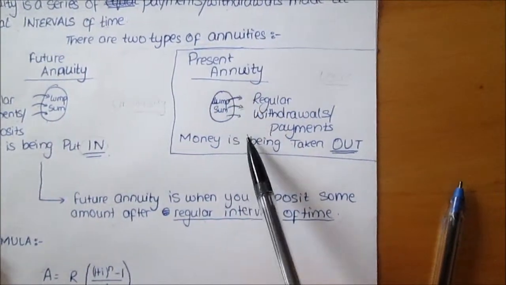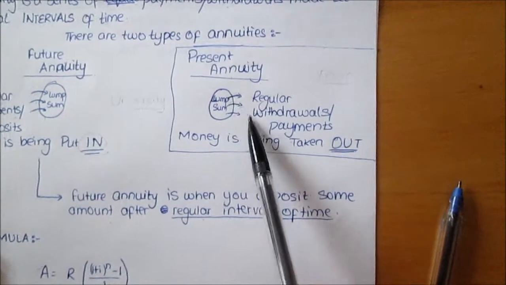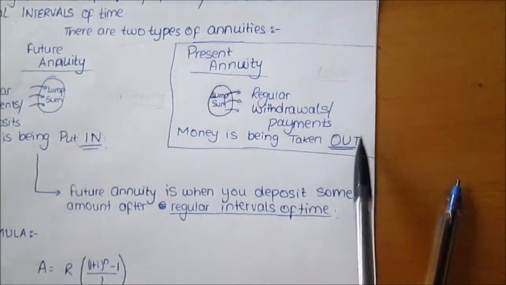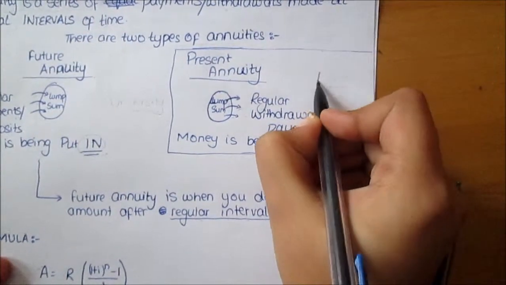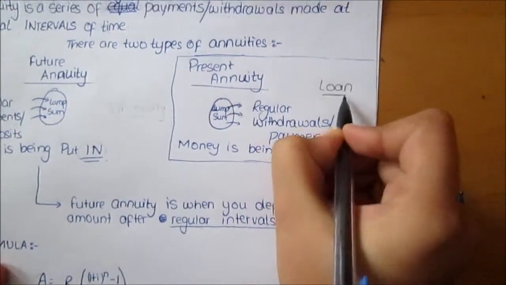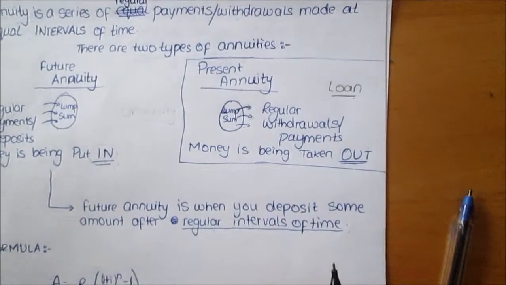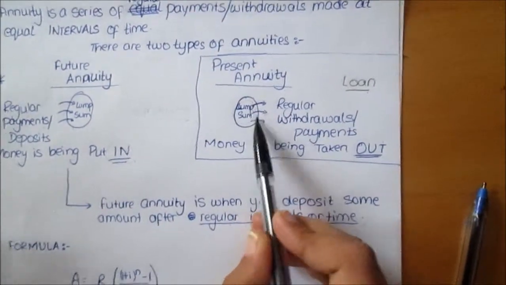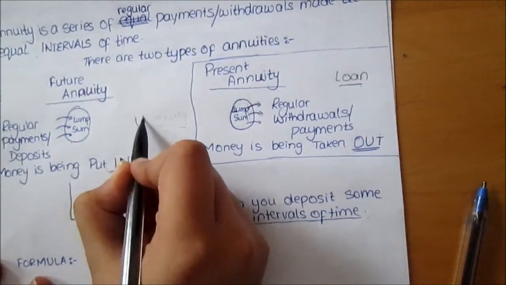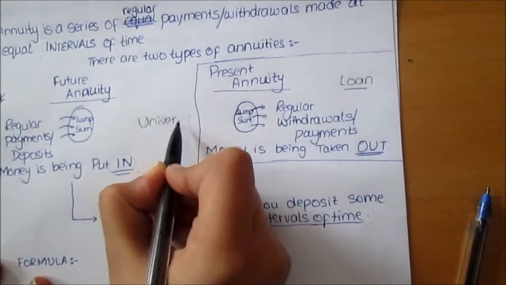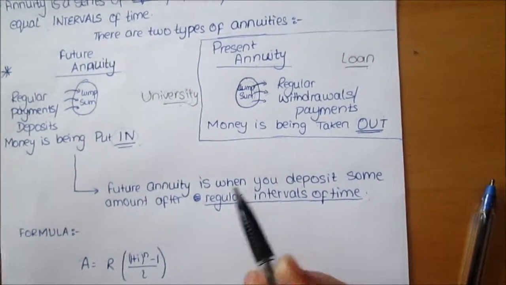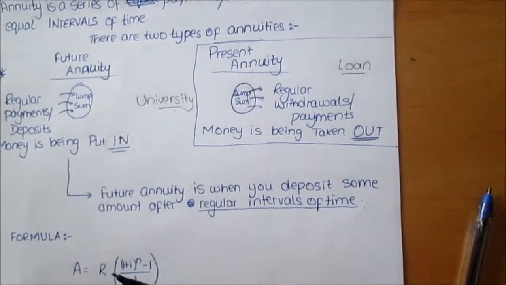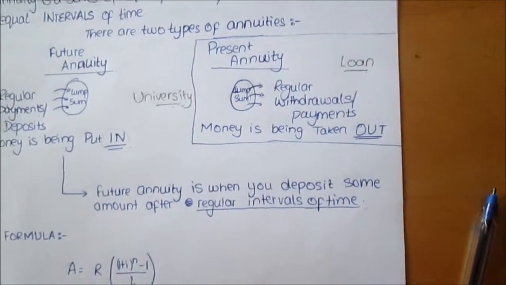In present annuity, you take out some money so you have no money left at the end. An example of present annuity can be a loan. You're basically making some payments so that your lump sum gets lesser and lesser. And an example for future annuity could be you're saving some money for your university or anything. Basically you're just saving up money in the bank by making some regular payments.